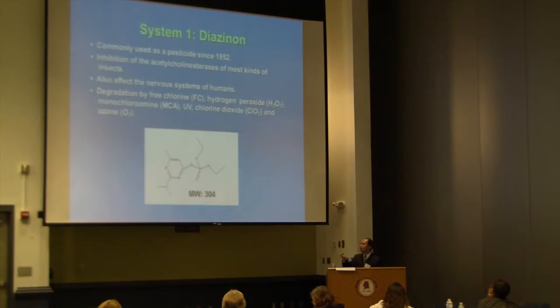So the first pesticide we studied is diazinon. Okay. So diazinon has been used as a pesticide since 1952, and it inhibits acetylcholinesterase. Okay.